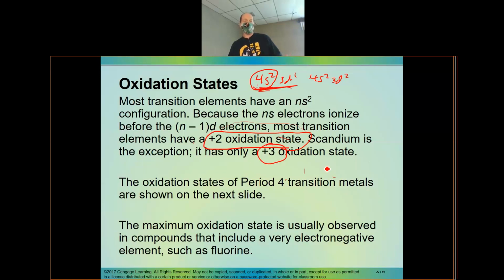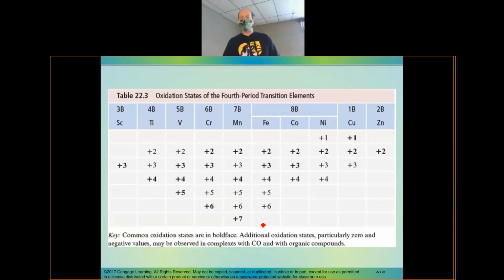Not all of them, but 9 out of 10 have a +2 oxidation state. There are also 9 out of 10 that have a stable +3 oxidation state. If we look at it here, the only one missing a +2 is scandium right there. The only one missing a +3 is zinc right here.